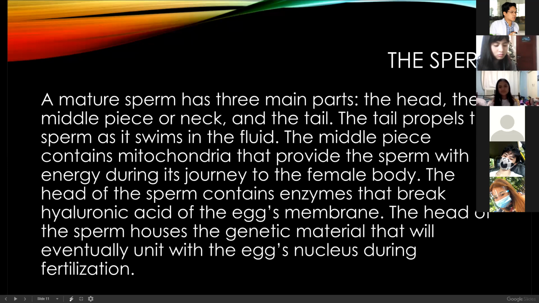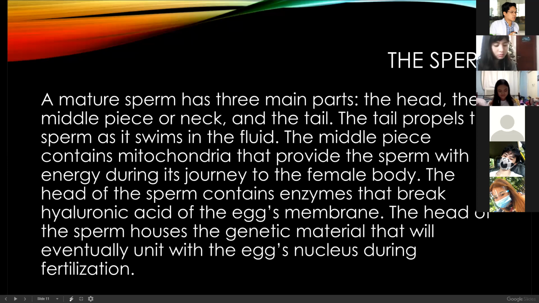The tail contains a lot of mitochondria, that's why, as I already told you, this gives power to the sperm to swim. The middle piece contains mitochondria that provide the sperm with energy during its journey to the female body. And the head of the sperm contains the enzymes that break hyaluronic acid of the egg's membrane.